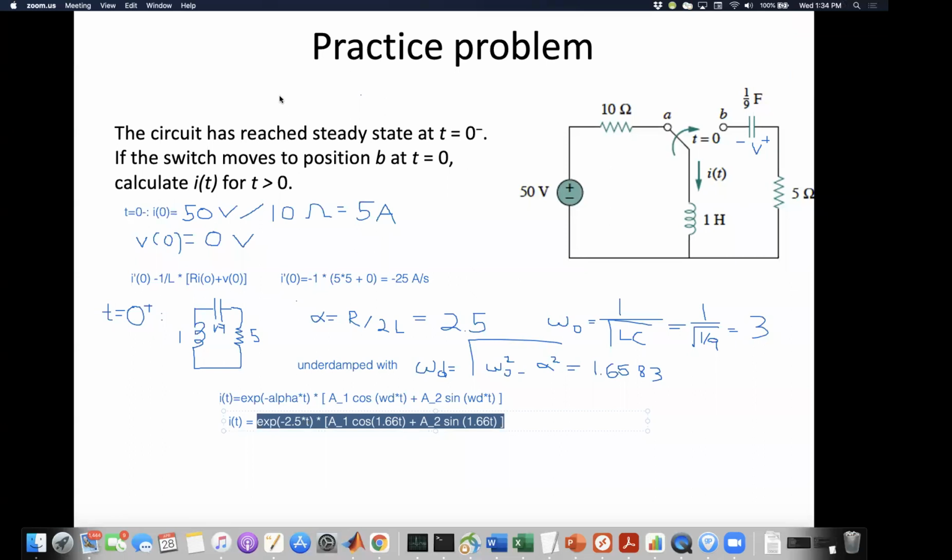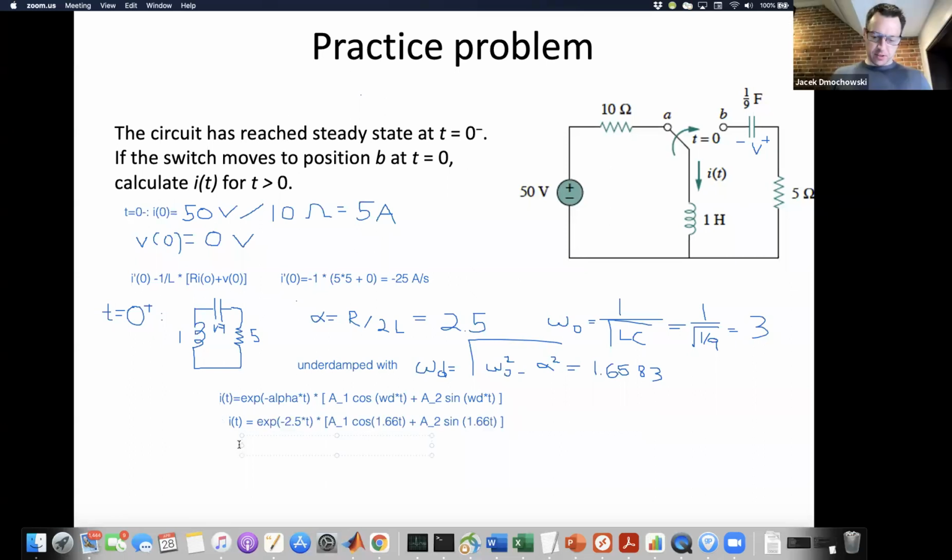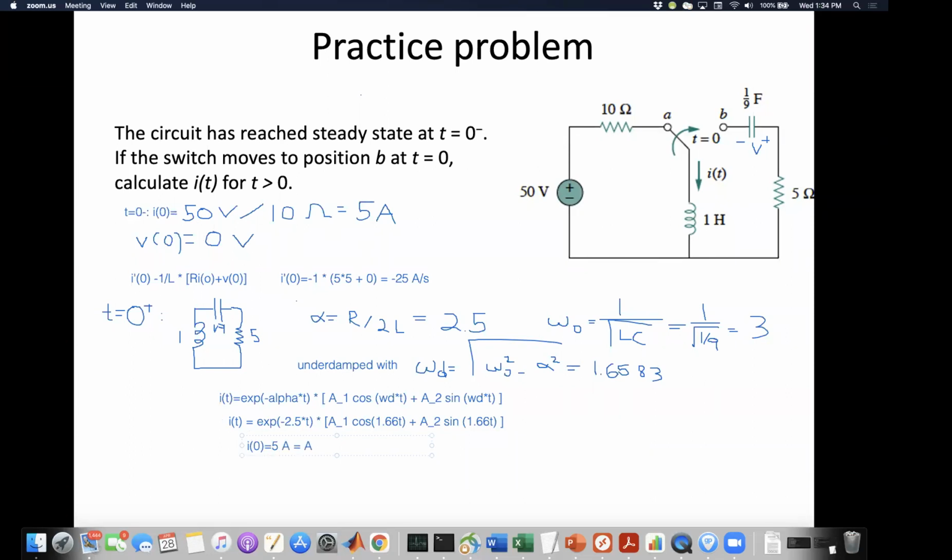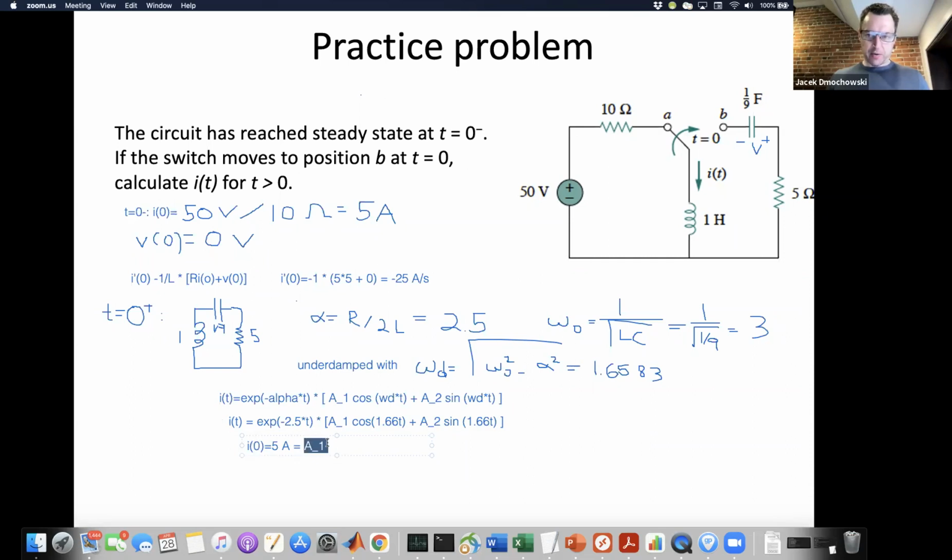A1, excellent. So I of 0, remember I of 0 was 5 amps, is equal to A1. Okay, so that's how we get A1. It's very straightforward in the underdamped case because everything drops out except for the A1 term.